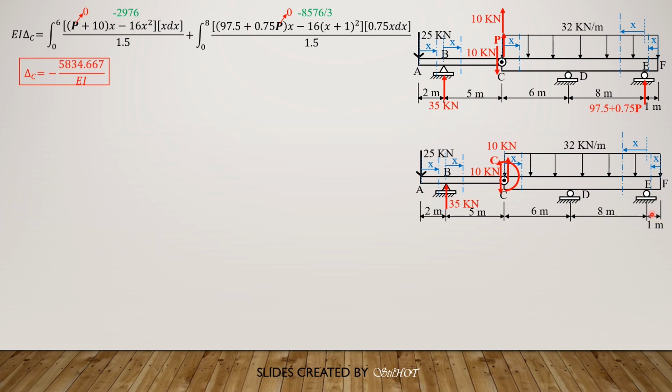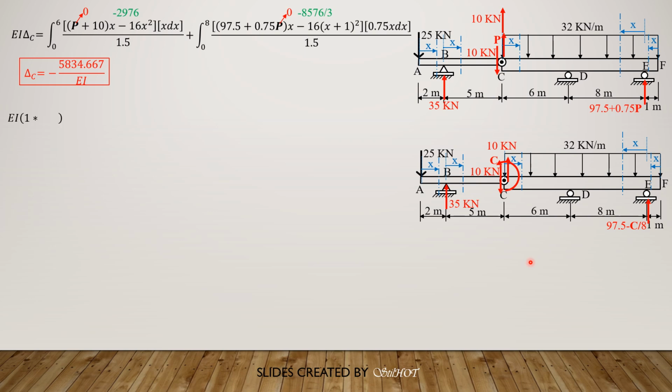Then at E, if we sum up moment about D and assume upward direction, due to C it is negative because reaction times 8 plus couple equals 0. So the reaction here therefore is 97.5 minus C over 8.